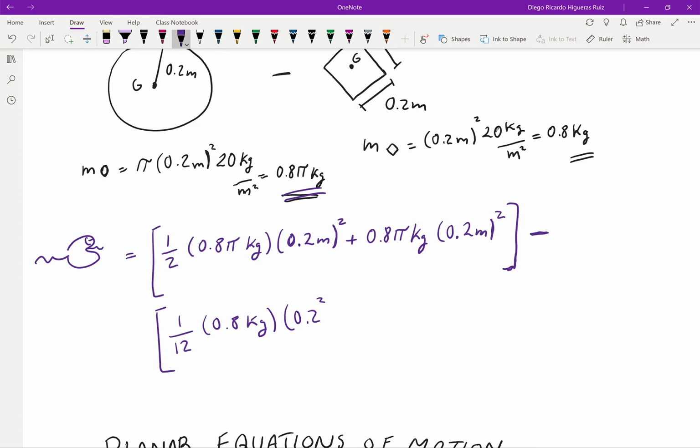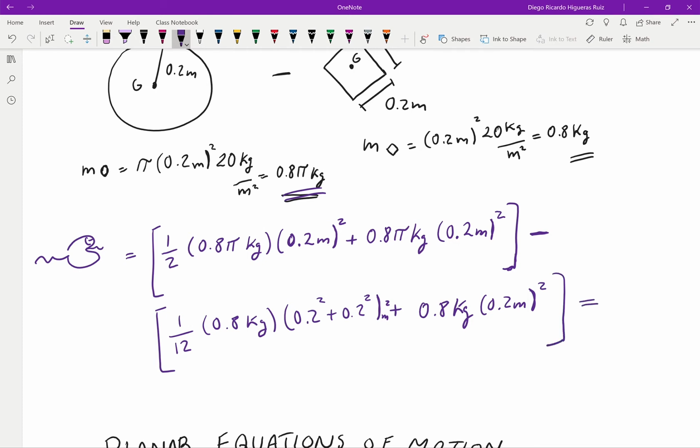So it's gonna be 1 over 12 times the mass times 0.2 squared plus 0.2 squared, those are the sides, plus the distance, 0.2 meter squared.